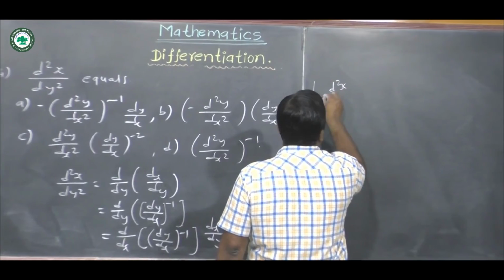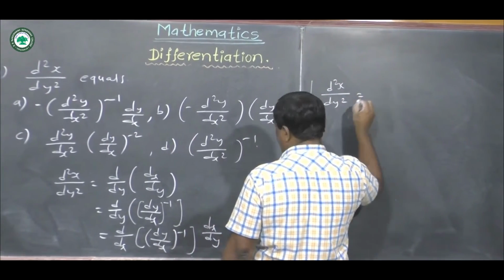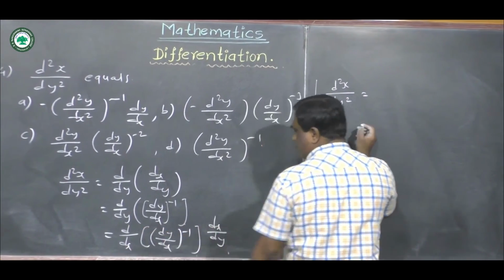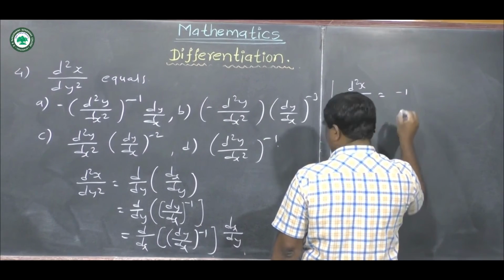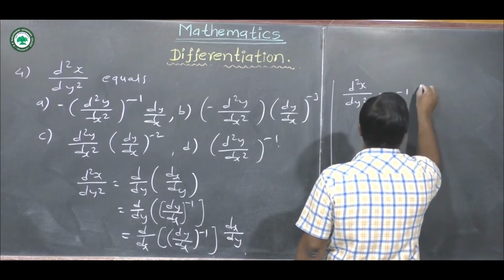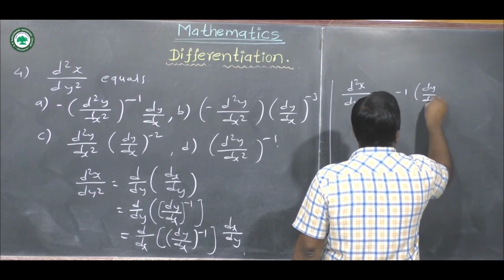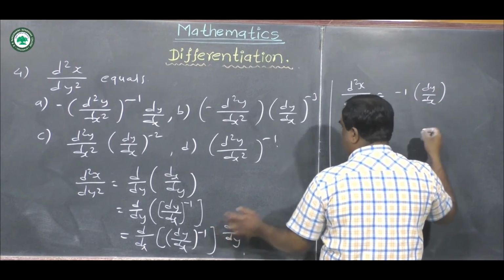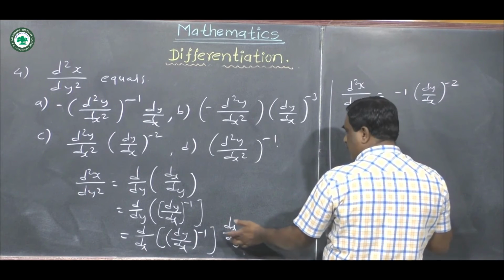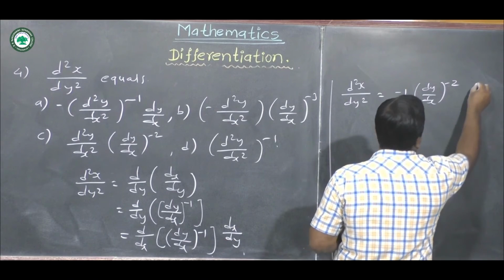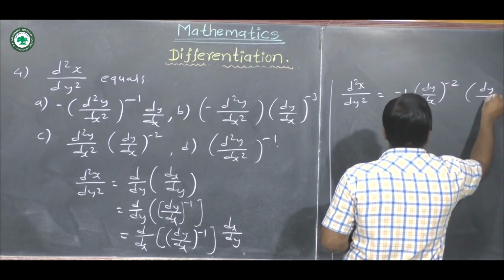d square x upon dy square is equal to, derivative of this term is minus 1 into dy by dx bracket raised to minus 2 into dx by dy, which can be written in the form dy by dx.